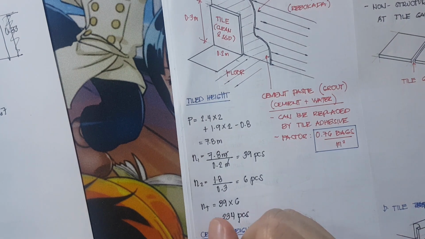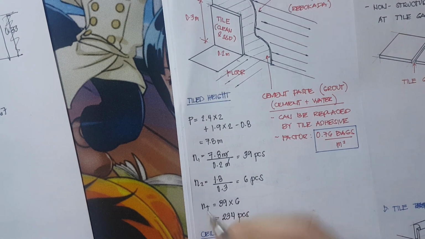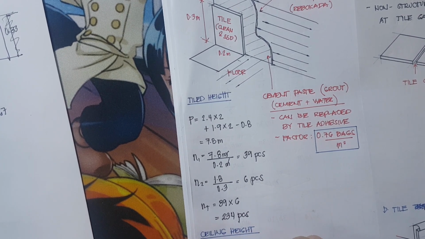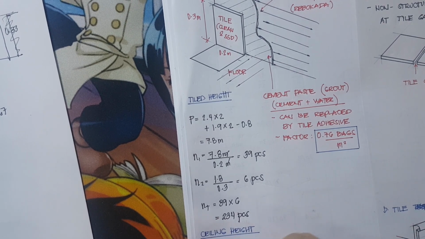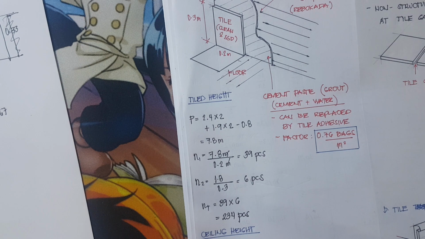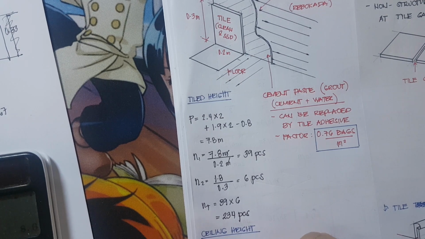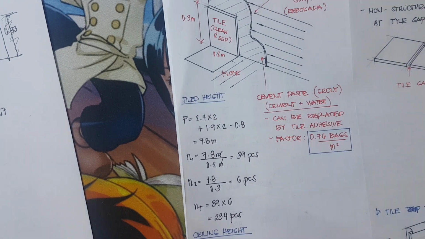The perimeter is 2.4 times 2 plus 1.9 times 2, which is 8.66 meters.